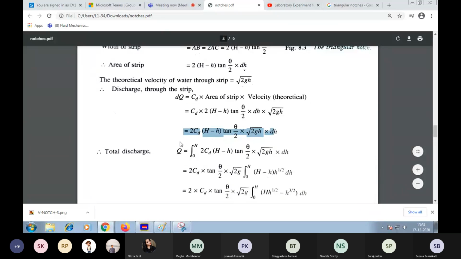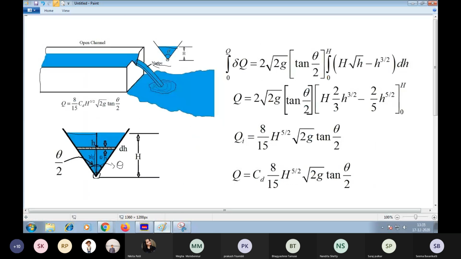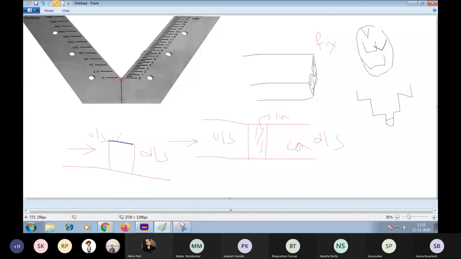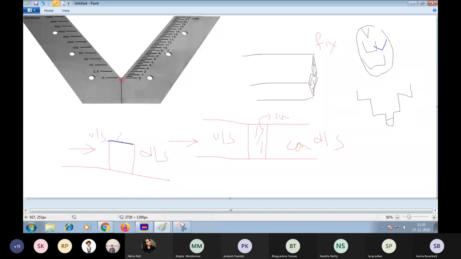If you want to know the discharge for the entire triangular notch, then the above equation is integrated with respect to h from 0 to H. When you integrate, you take the constant terms outside. CD is constant for a triangular notch. The theta value is constant until you replace this notch with another one; the angle of the notch will remain the same.